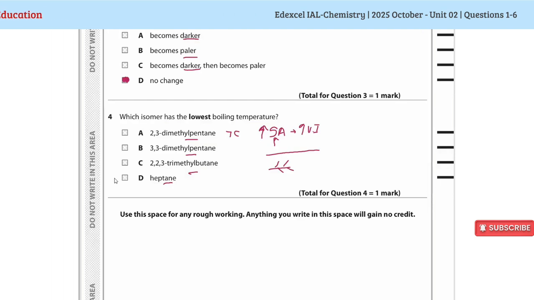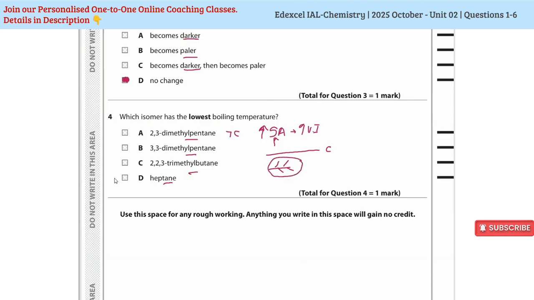In these 4 compounds, all have the same number of carbons. Therefore, we have to stick to the extent of branching. Compound A, 2,2-dimethylpentane, has 2 side chains. 3,3-dimethylpentane, another 2. 2,2,3-trimethylbutane has 3 side chains.